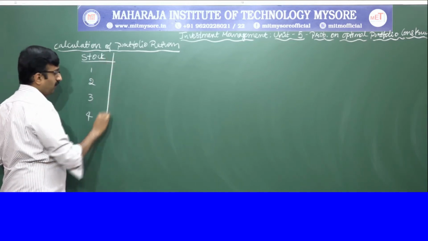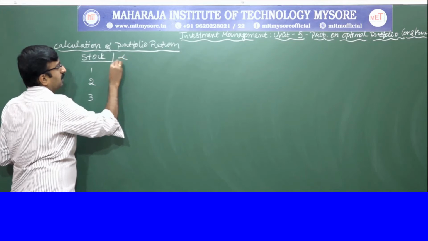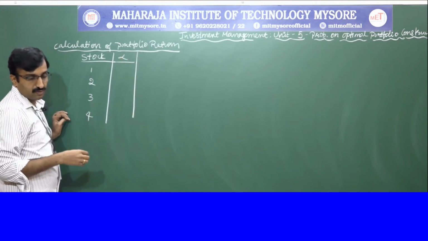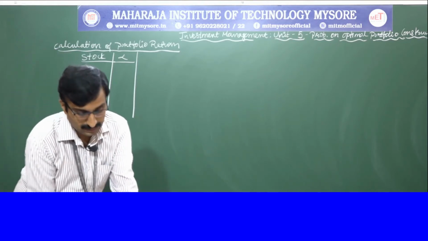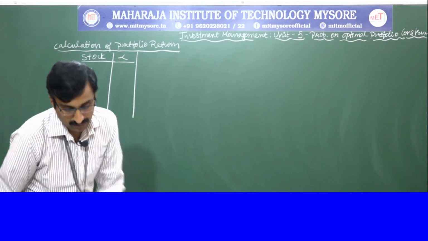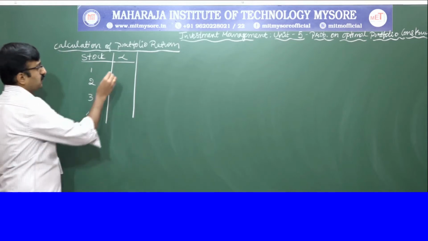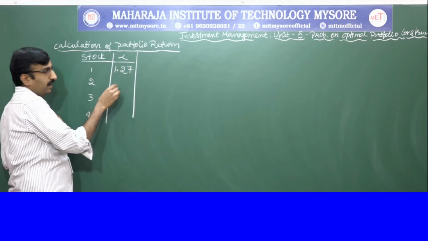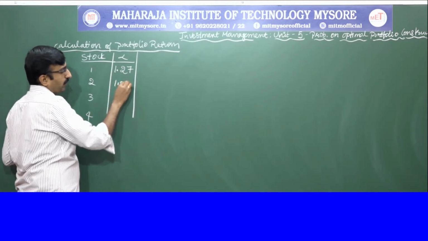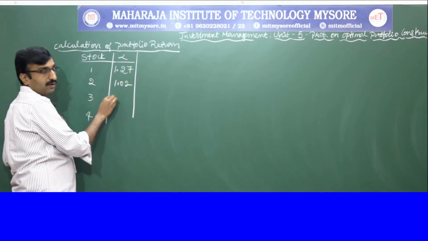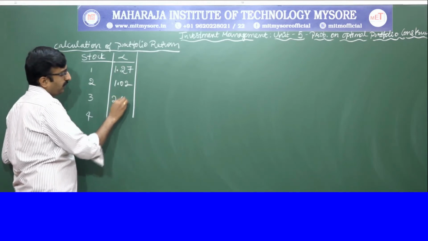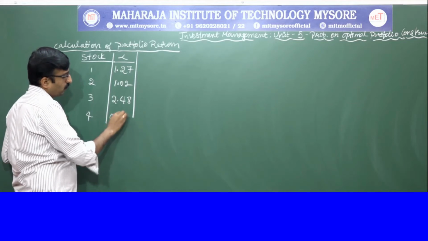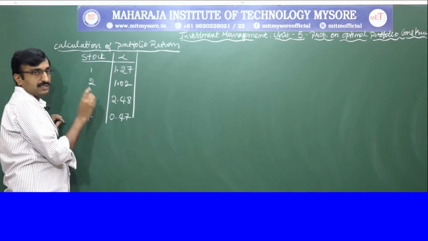They have given the value of alpha in the problem itself. Alpha is 1.27, then we have 1.02, then 2.48, and lastly 0.47. This is the alpha.